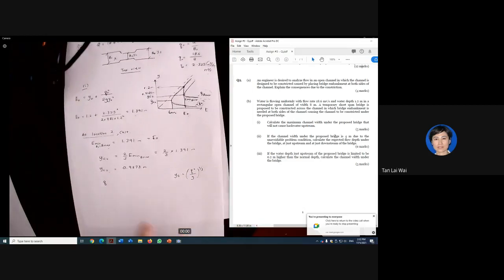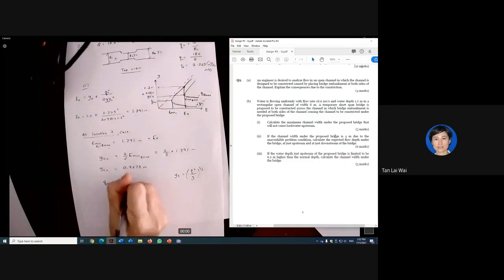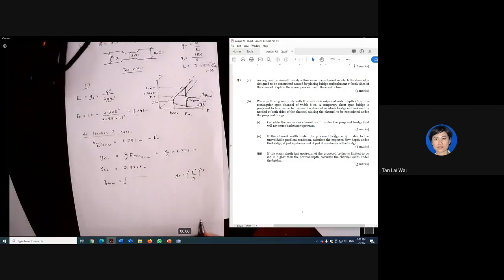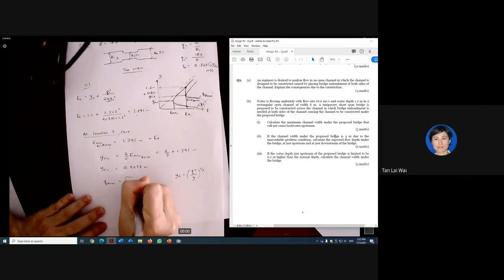So in order for me to find Q, that means QB max, I'm going to have the square root of G times YC to the power of 3. Okay, thank you. Correct.